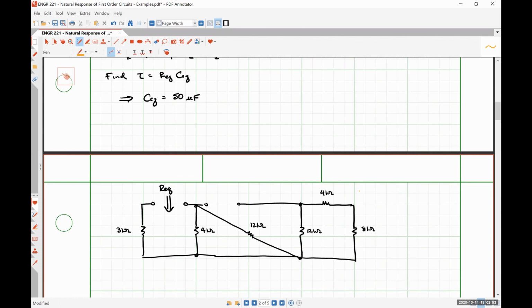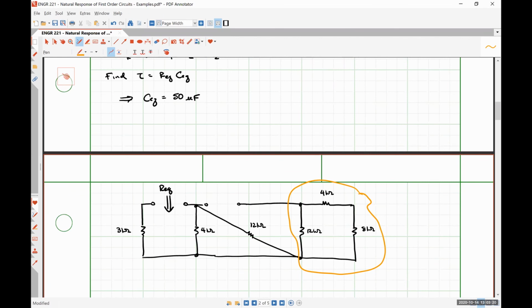Let me ask, what is the equivalent resistance seen looking into those terminals where the capacitor was? One thing we might want to consider: does this right-hand section contribute anything? No, right?